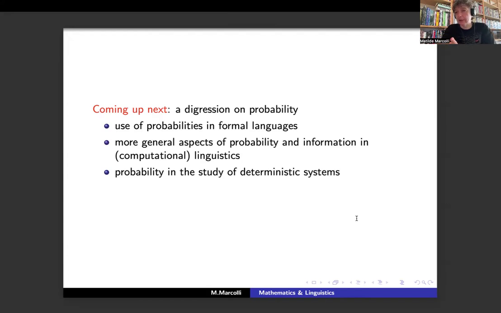Because this machine side of the story is intrinsically probabilistic as a construction, I will have to return to the role of probabilities.